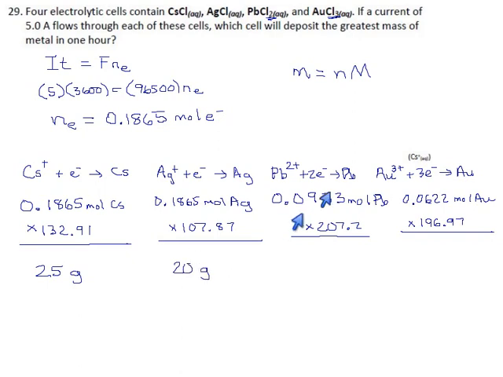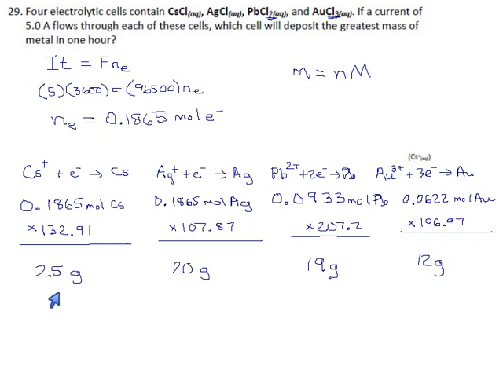For lead, we have 0.0933 times 207.2 is 19 grams of lead. And for gold, 0.0622 times 196.97 gives 12 grams of gold.